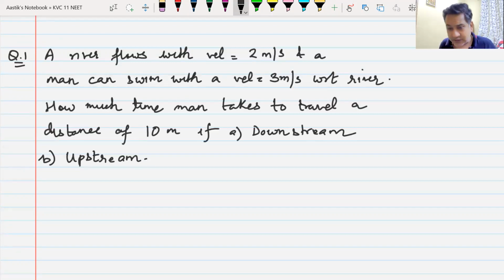So if he's swimming downstream, how much time will he take? If he swims upstream, how much time will he take? You'll get 2 minutes to solve this.